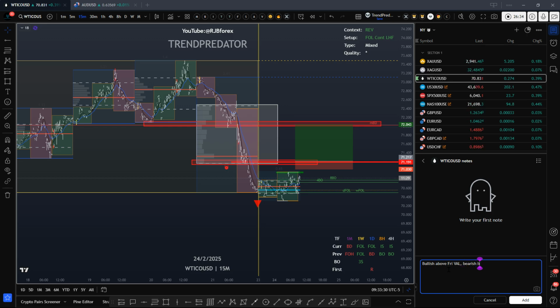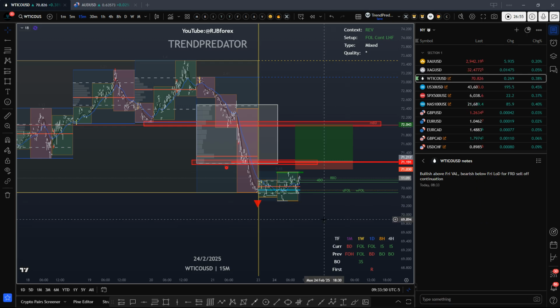Bearish below Friday's low, Friday low of day, for first red day sell-off continuation. Okay, so that's oil on the watch list.